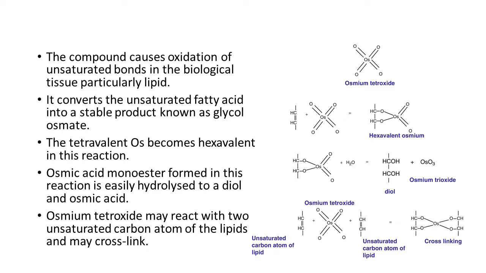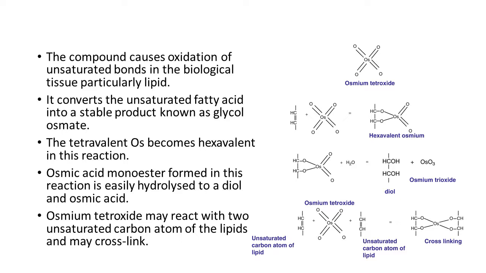Normally osmium tetroxide is tetravalent, 4, and it reacts with the unsaturated lipid molecule. Unsaturated means it contains double bonds. So the osmium tetroxide reacts with an unsaturated fatty acid, that means the double bonds.